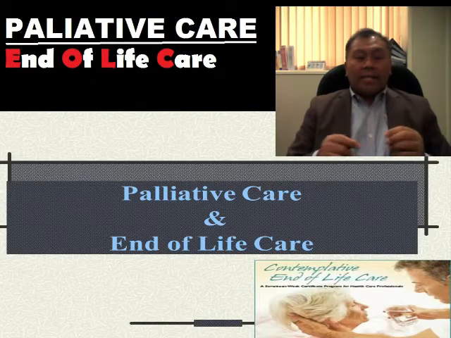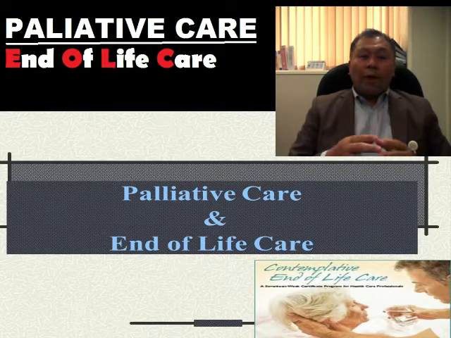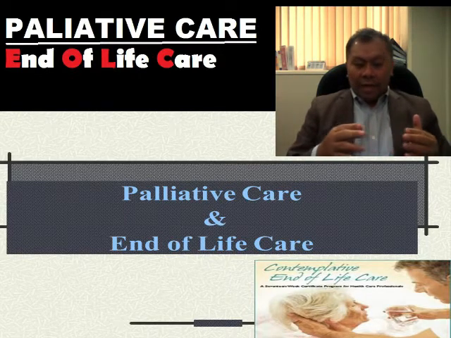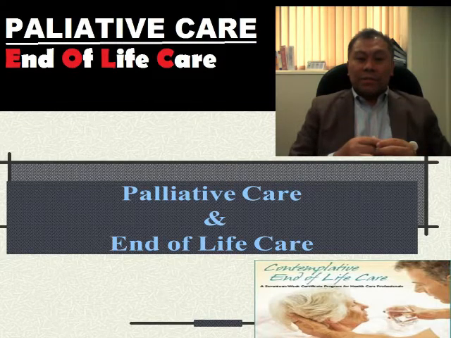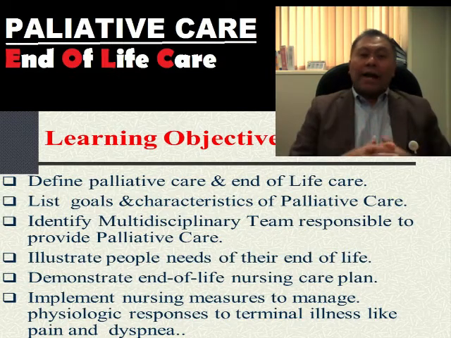Now, class, in understanding this, after the discussions, after the class that we have, there are learning objectives you should know. You should be able to define what is palliative care and end of life care.